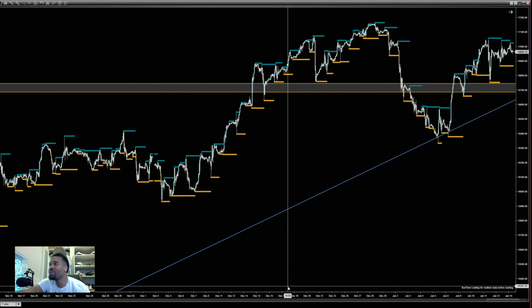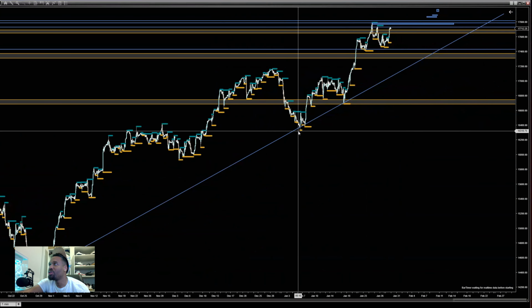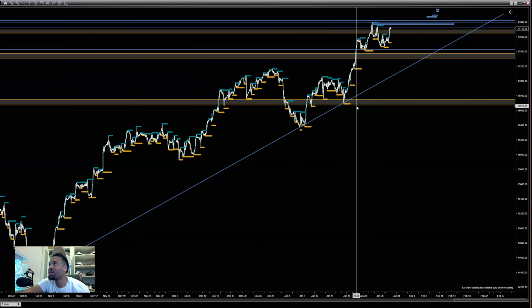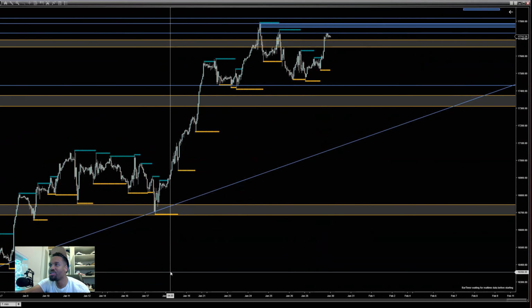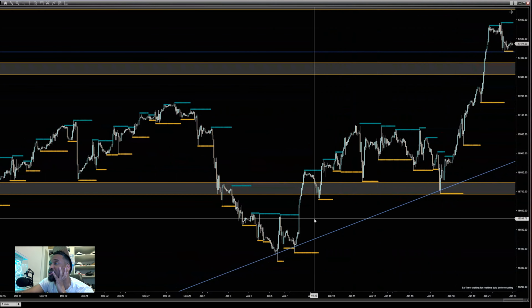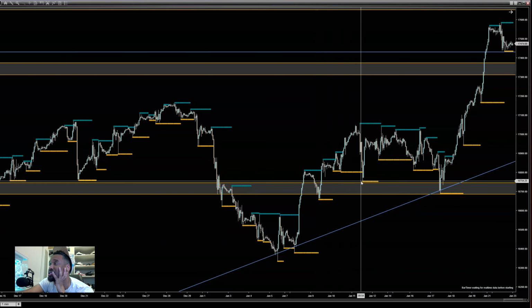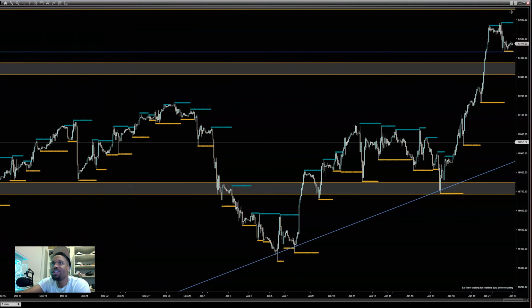So you can see we have one touch, two, three, four, five touches, or actually more if you get down into it. So this is a very strong trend line when you have that many touches. So I do look for three or more. So hop on the charts, draw some trend lines, and see what you come up with.